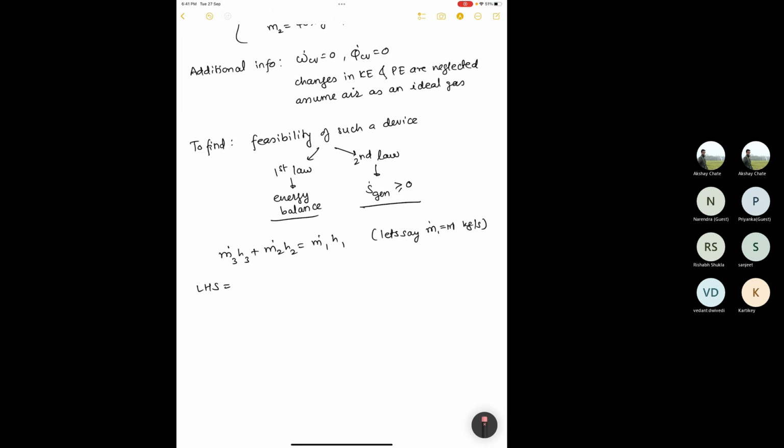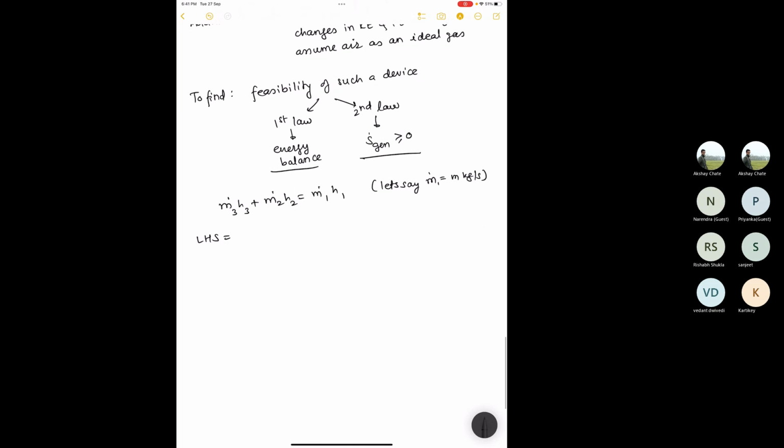Maybe some of you might get confused, but it will just be a constant multiplied everywhere. This mass flow rate value may become important in the entropy calculation, but there also it should not matter. Anyway, let's move on.